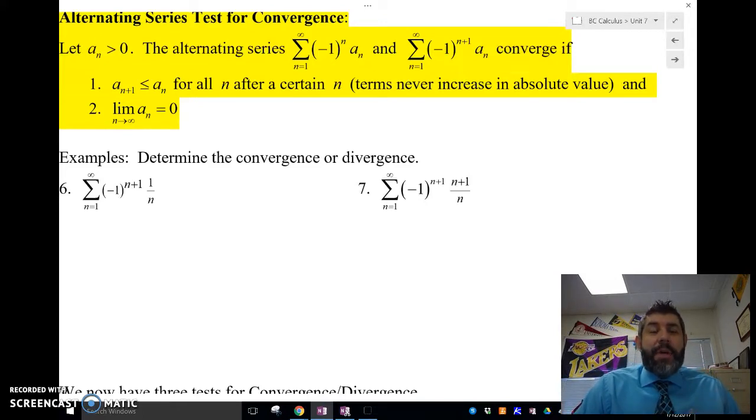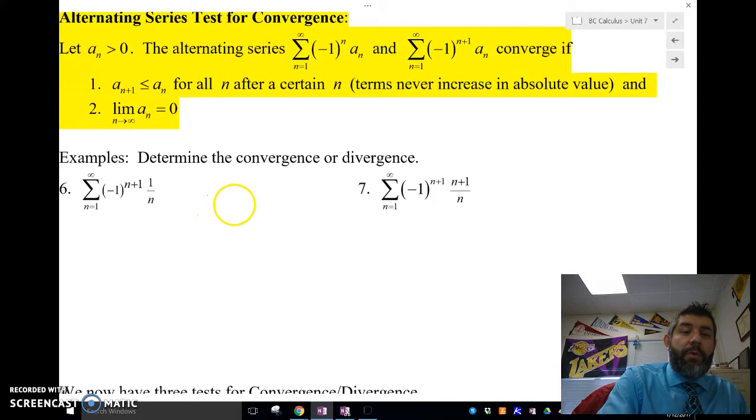Well, this time, if the limit does equal 0 and it's an alternating series, then we can use the alternating series test for convergence, which allows us to say that the series will converge. So what happens if that limit does equal 0 when we're talking about the nth term test for divergence? In this case, if it's alternating, it's going to converge.